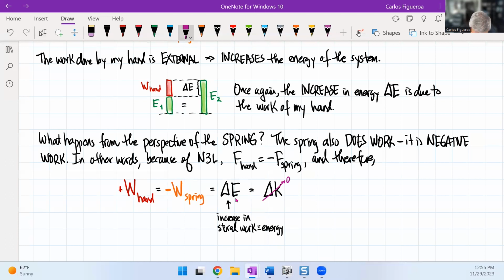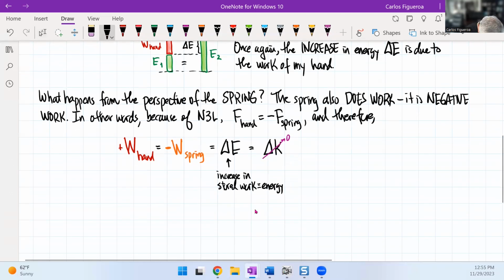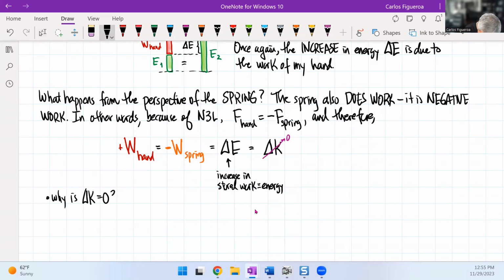So the question is, why is the change in kinetic energy equal to 0? Well, the block starts and ends at rest.